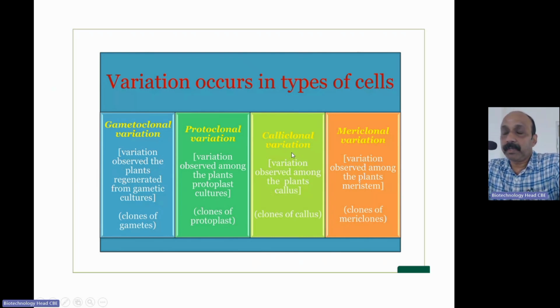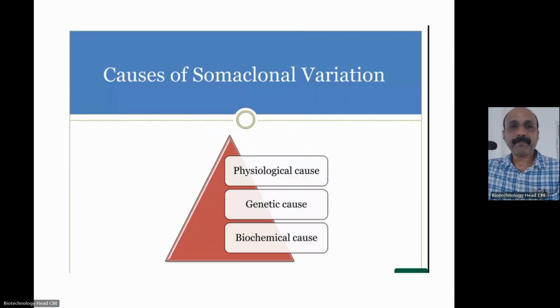Calliclonal variation occurs in plants from the callus, and mericlonal variation can arise even from plants obtained from the plant meristems. For any type of explant, we can get such somaclonal variation.